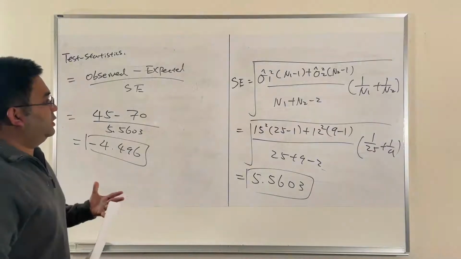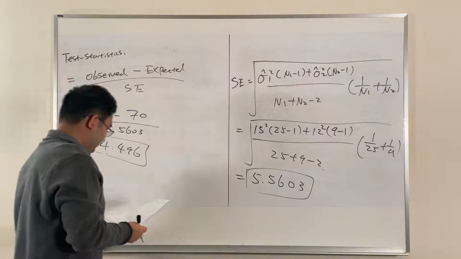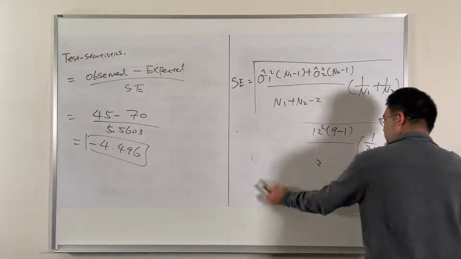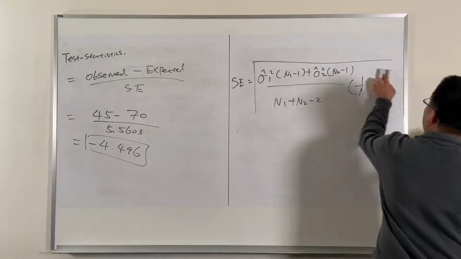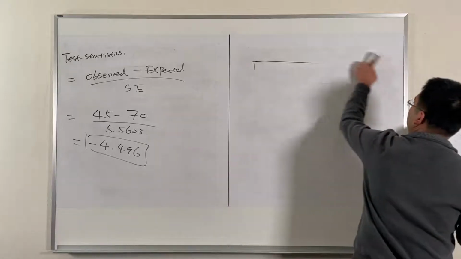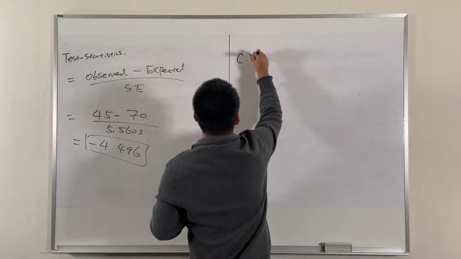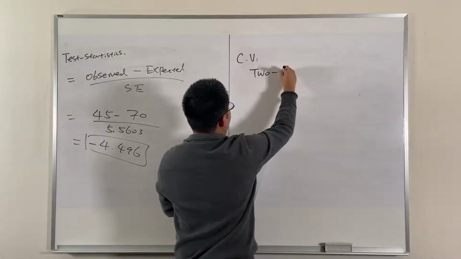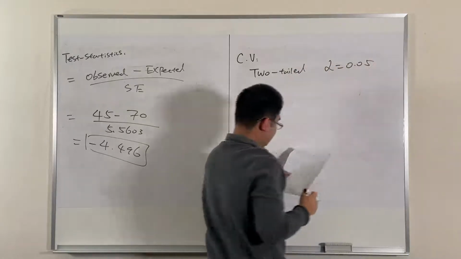Now the next step is to find our critical value, and then we do the comparison. We're doing a two-tailed test with alpha equals 0.05.